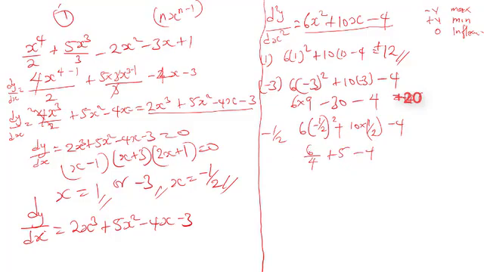So 6/4 is 3/2 plus 5 minus 4. Let's perform the arithmetic using fractions. We have 3 plus 2 times 5, which is 10, minus 2 times 4, which is 8. So 10 minus 8 is 2. 3 plus 2 is 5, which is equal to 5/2.